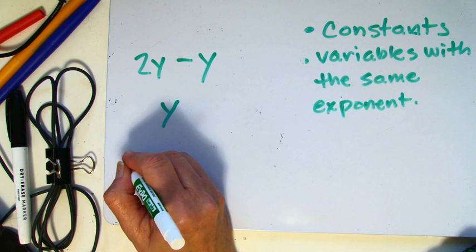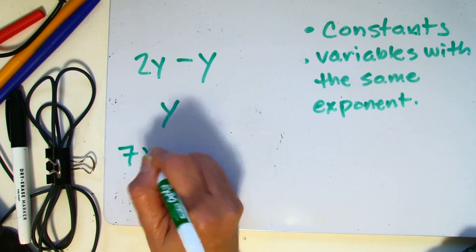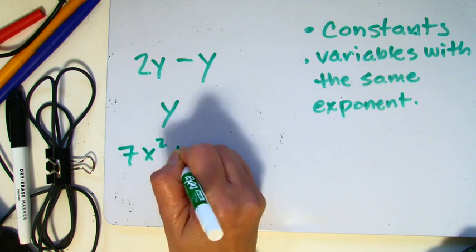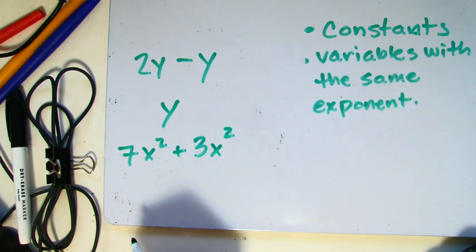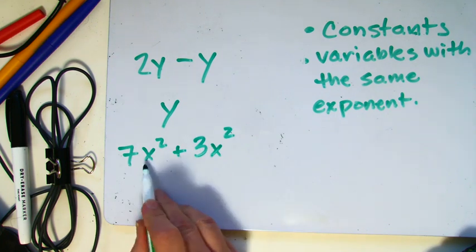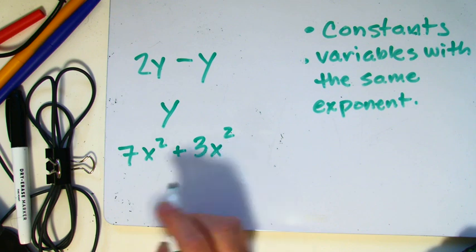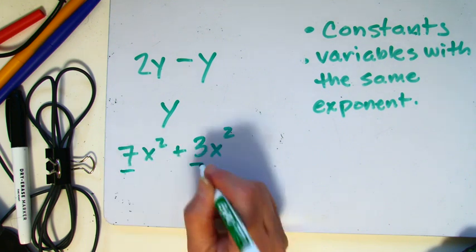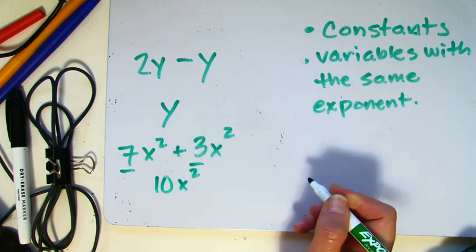We can also have terms that have variables with exponents. So 7x squared plus 3x squared. Again, because the variables are the same and they're raised to the same power, we can combine the coefficients, giving us 10x squared.